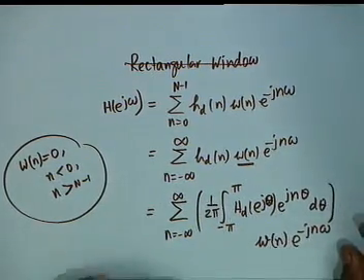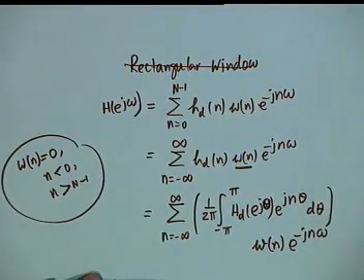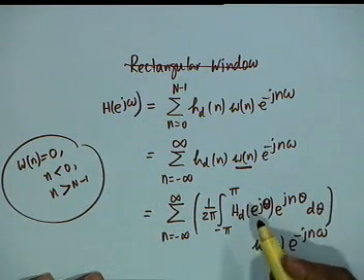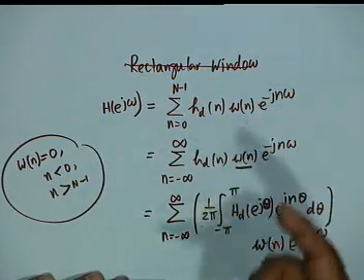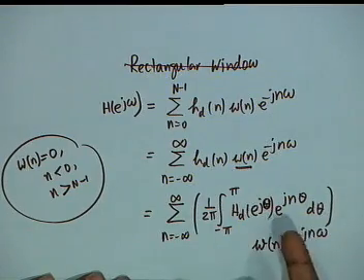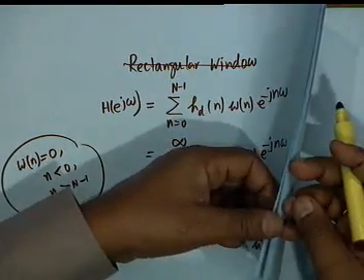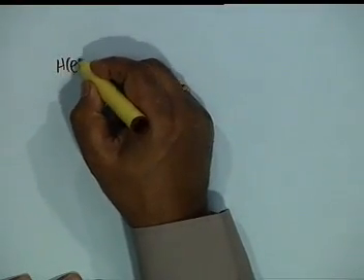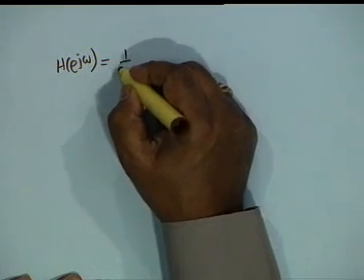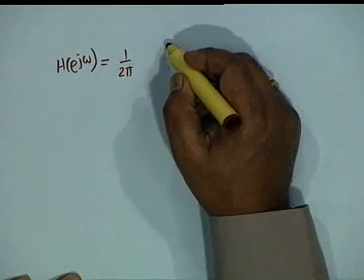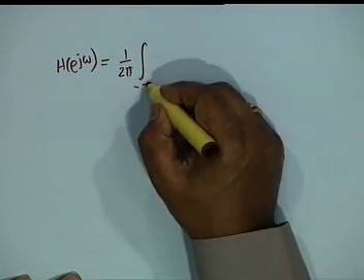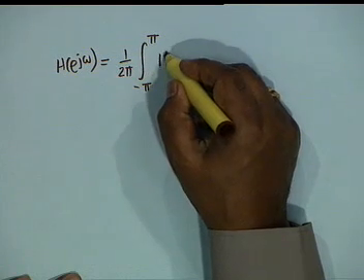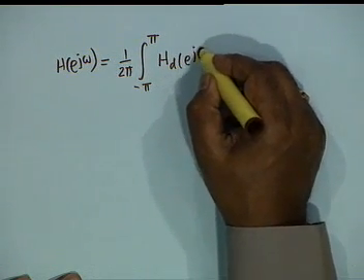W I write with a string here. So now we apply our usual trick. The summation is over n and the integration is over θ. Integration is over a continuous variable, summation is over a discrete variable, they are not related to each other. So interchange the summation and integration. In other words, we write H(e^(jω)) as equal to 1 over 2π, integral from minus π to π of H_d(e^(jθ)).